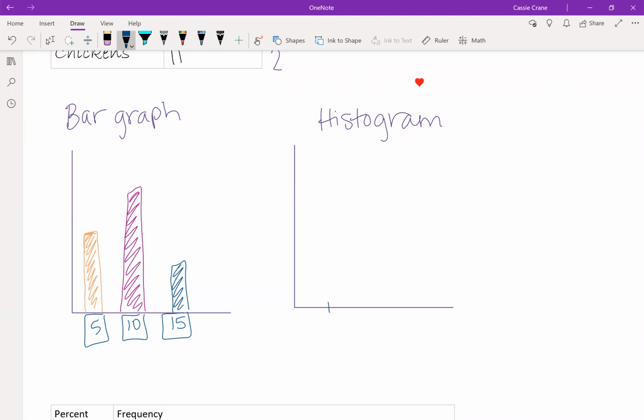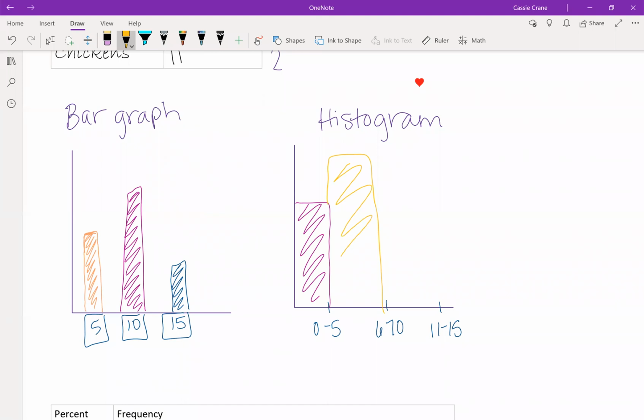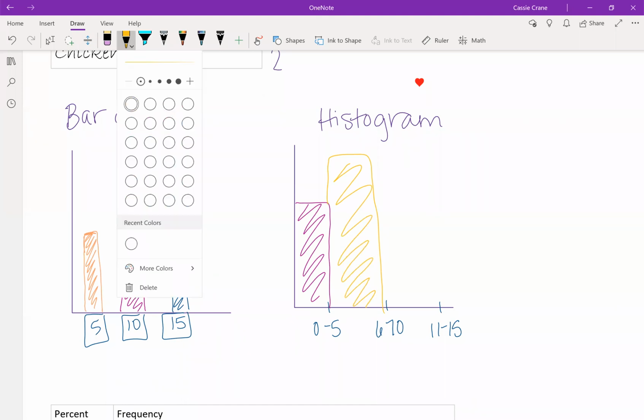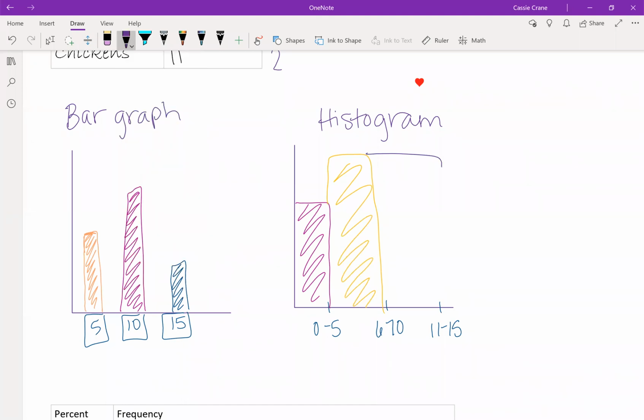So maybe it's 0 to 5 for the first interval, and 6 to 10 for the second, and 11 to 15 for the third. So our bars are going to look different because they're going to be connected. So if this is our first interval, it would be like this, and our second one would be next to it. And then the last one would be like this.